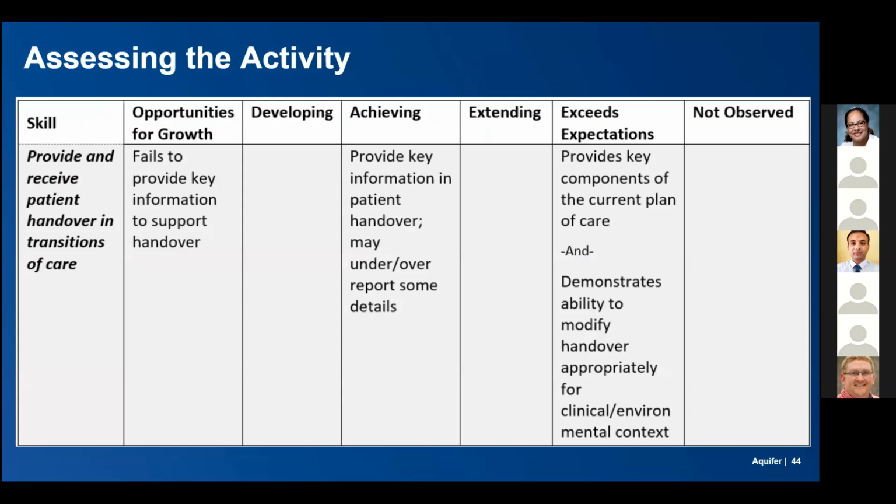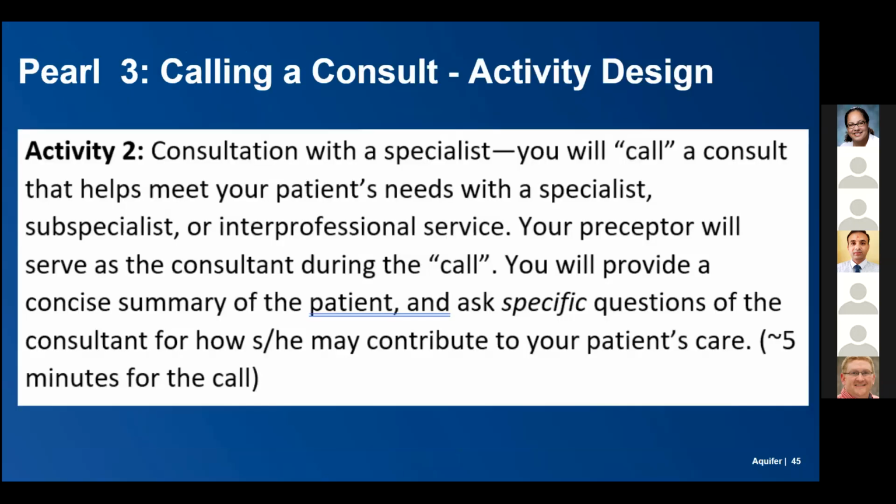In our assessment rubric, we have basically a 5-scale assessment that in the lowest area of performance is opportunities for growth, and in the highest area of performance, students exceed expectations, and with varying shades in between. And we provided preceptors with the potential to state that the skill was not observed. And so that was our handover activity.